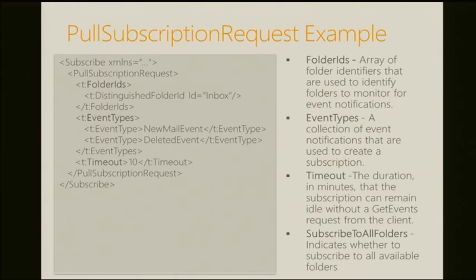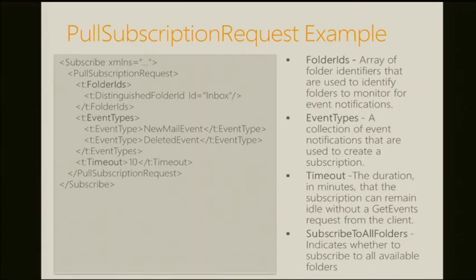A folder ID in and of itself is just a base 64 string, and the mailbox is encoded within it. So if you had folder IDs from multiple different mailboxes, you could subscribe to multiple folders across mailboxes in a single request and get events back for them.